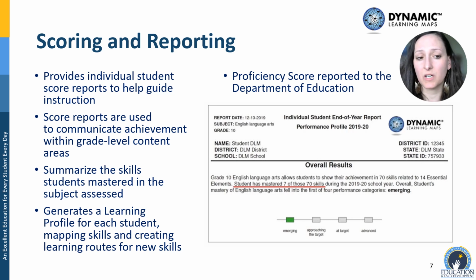These score reports are used to communicate achievement within the grade level content areas, and they summarize the skills that students have mastered in the subject assessed. This generates a learning profile for each student, which maps skills, and it creates learning routes for new skills. Proficiency scores are then reported to the Department of Education.